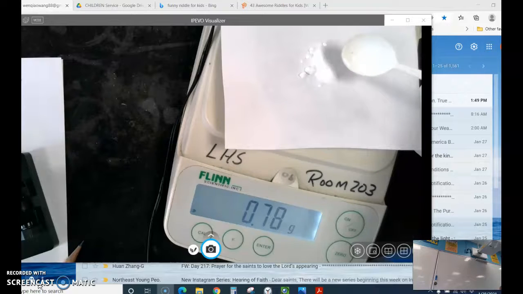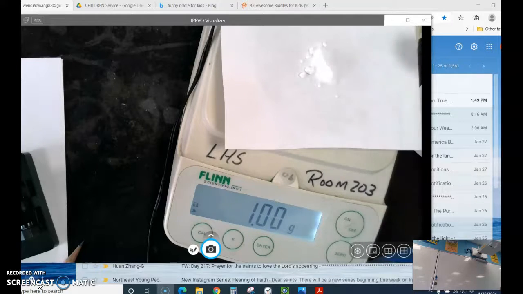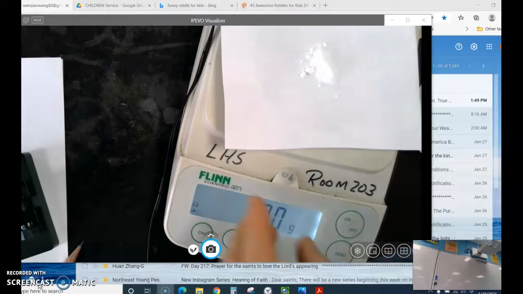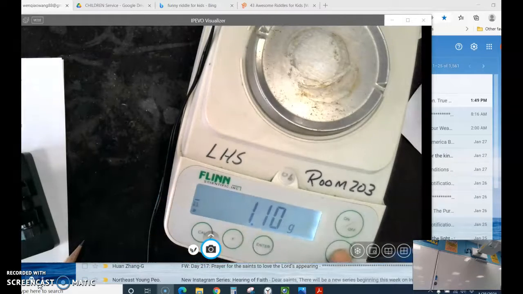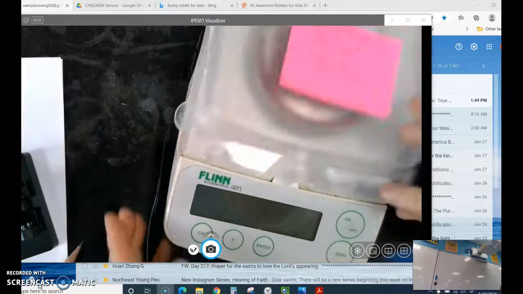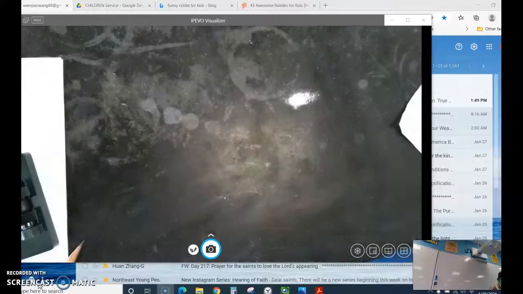I did the others also very carefully to weigh, in case you worry about that. Okay. Very carefully close to it. Okay, yes, we got 1 gram. So I'm going to put this one aside, put my scale away. Turn this one off and then put it away. Okay.